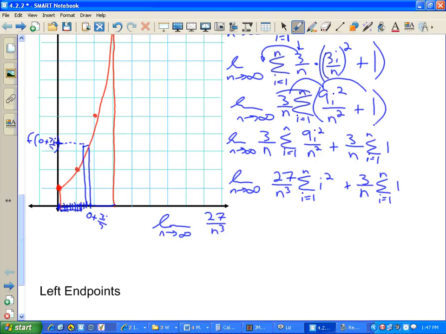Now the sum of i squared as i goes from 1 to n is n plus 1, 2n plus 1 over 6. So multiplying those things together, I'm adding that to 3 over n times, remember the sum of a constant is just that constant times n. So this is just 1 times n, which is n.